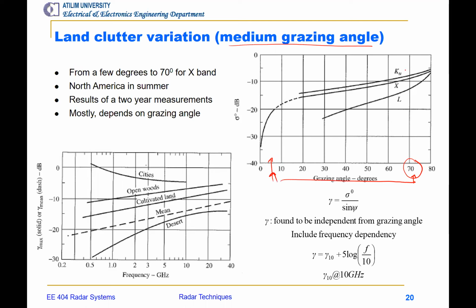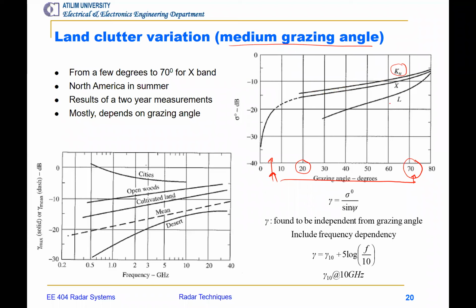There are 3 bands, Ku, X, and L. Ku and X have a similar pattern, as you can see, with increasing grazing angle from 20 degrees. Their values are very close to each other, and they're almost linearly varying with the grazing angle.